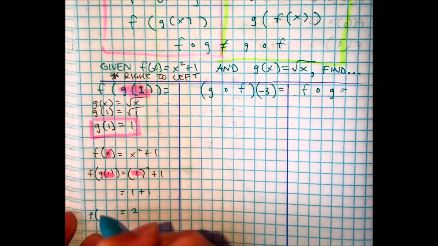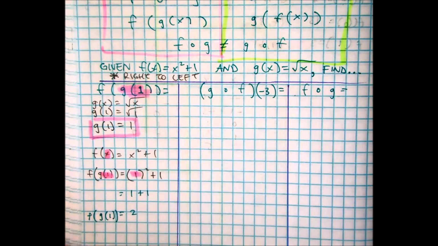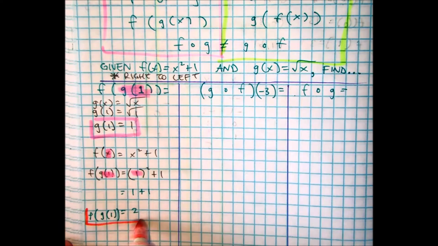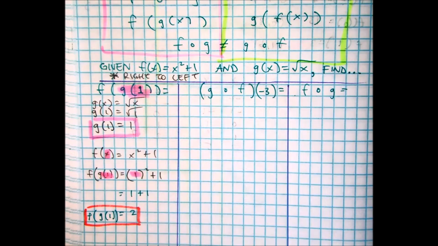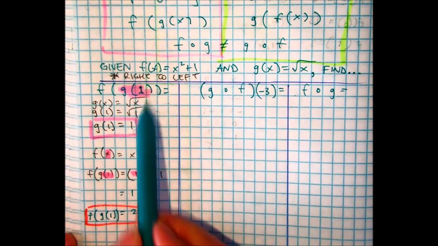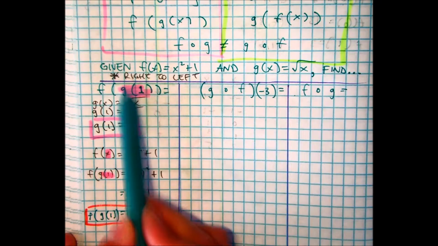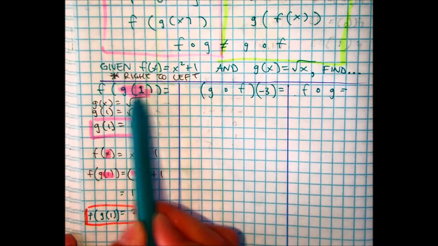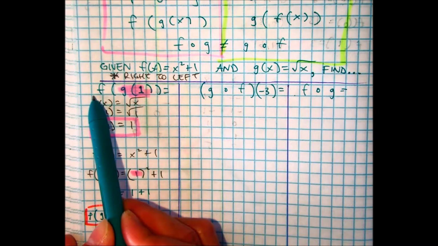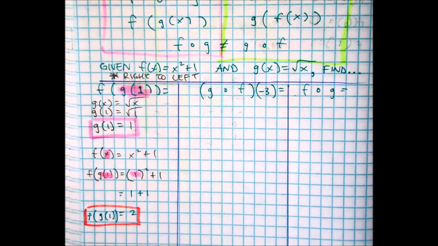F of g of 1 equals 2. And that's our final answer. So let's review what we did. We basically have 2 functions, f and g, and we're computing g first. We're working from the right side over here and then going in that direction. Okay? Let's try another one.